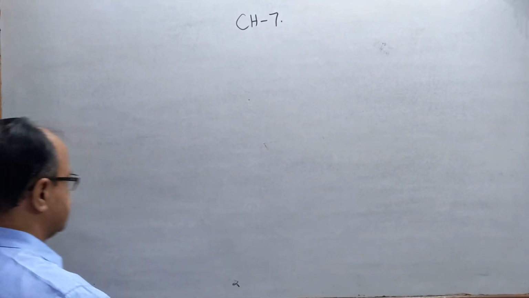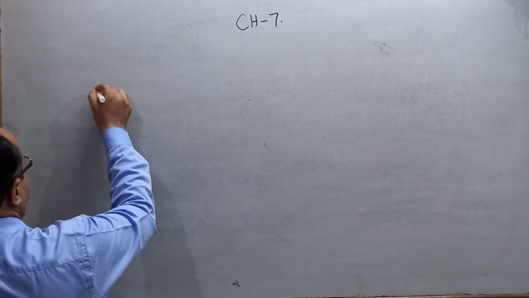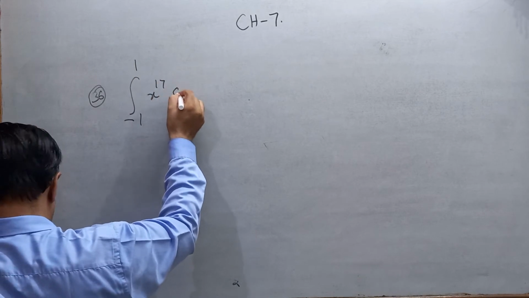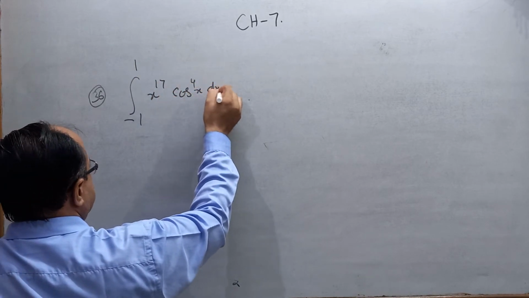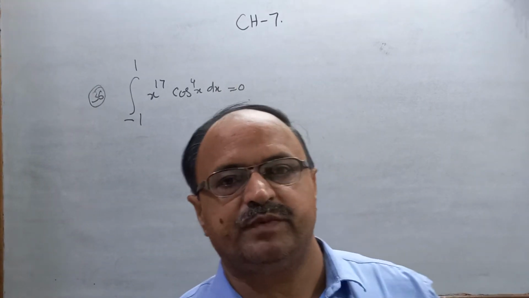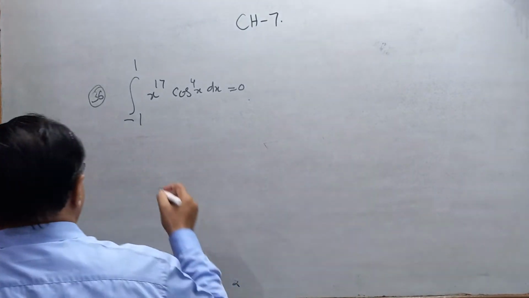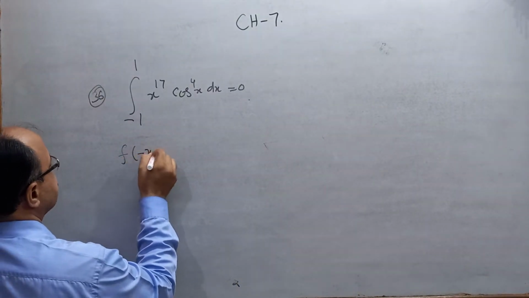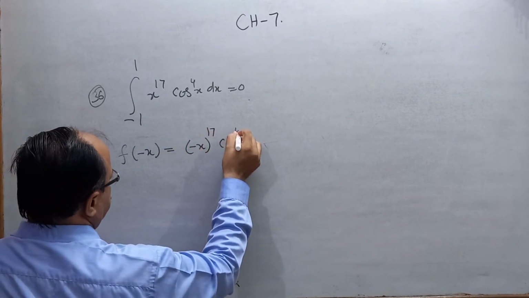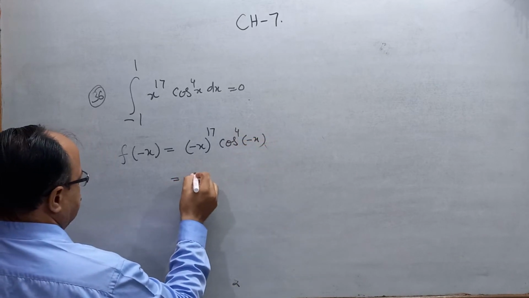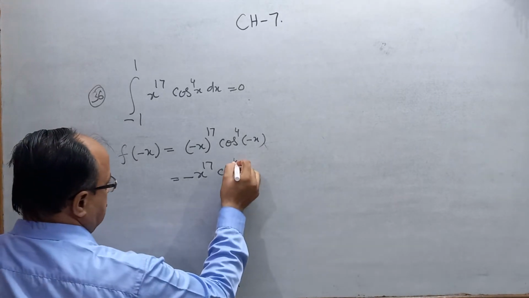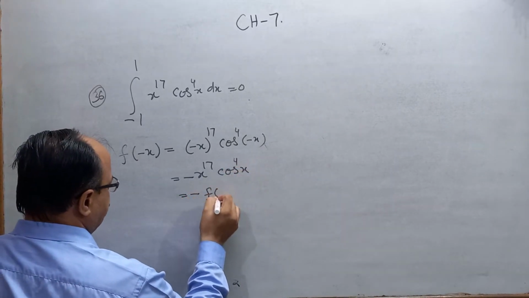Next, question number 36. Integration from minus 1 to 1 of x to the power 17 cos to the power 4 x dx. Prove that this is equal to 0. From minus 1 to 1, you can apply property P7. f of minus x is minus x to the power 17 and cos to the power 4 of minus x, that is cos x, that is equal to minus f of x.